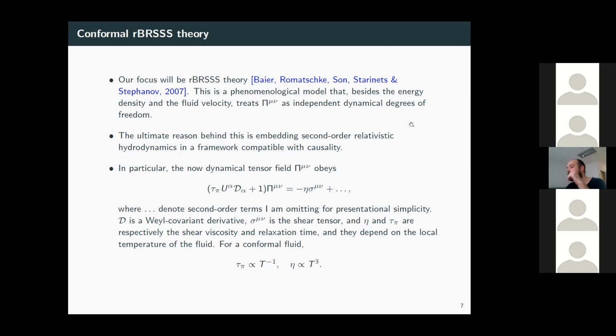Sorry, I have a very stupid question. When you say conformal, how did you make sure all of the conformal algebra is satisfied? Yeah, it's through this covariant derivative, which takes into account that this object transforms in the correct way under Weyl scaling symmetry. So it's only Weyl scale, dilatation, roughly speaking, right?